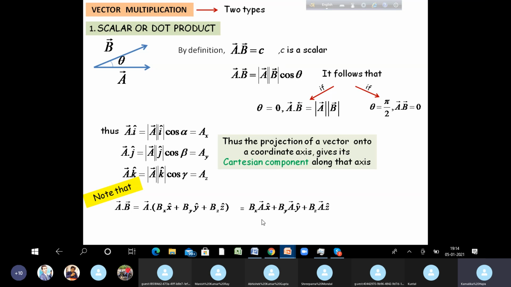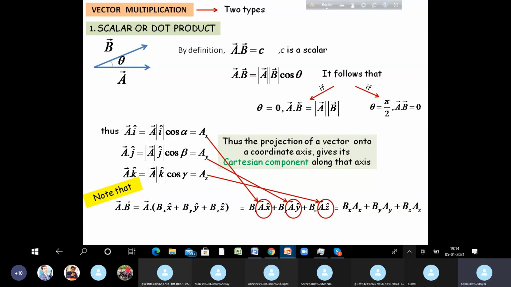So I can write this as Bx A dot x cap plus By A dot y cap plus Bz A dot z cap. x cap, y cap, z cap is the same as i cap, j cap, k cap. So A dot x cap is nothing but Ax, A dot y cap is nothing but Ay, and A dot z cap is nothing but Az. So I can write this expression as BxAx plus ByAy plus BzAz.